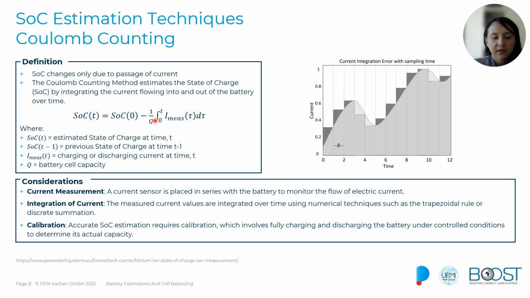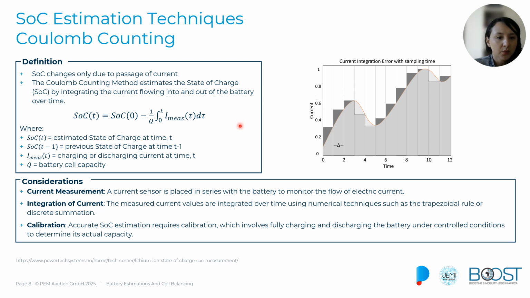And then we have the multiplication of this with the integral that is going from 0 to the time t, and this is going to be the integral of the current, and this part basically will sum up the current that is flowing in and out of the battery over time, starting from the time 0 to the current time that is t. Basically, if more current flows out than in, the SOC will increase, and in the opposite, the SOC will decrease.